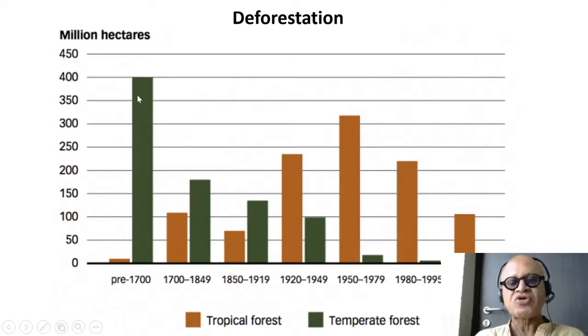So the temperate forest deforestation has dropped off, whereas the tropical deforestation increased and peaked in the 50s to the late 70s, and then has dropped off, especially potentially related to the awareness and agreements under Kyoto and Paris about reducing emissions from deforestation and forest degradation.